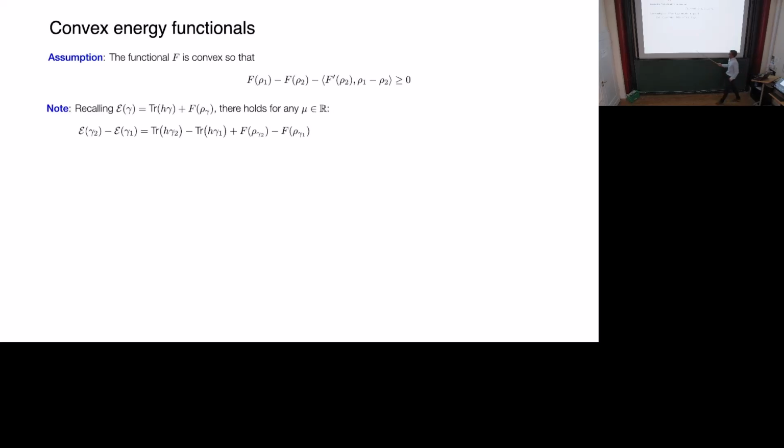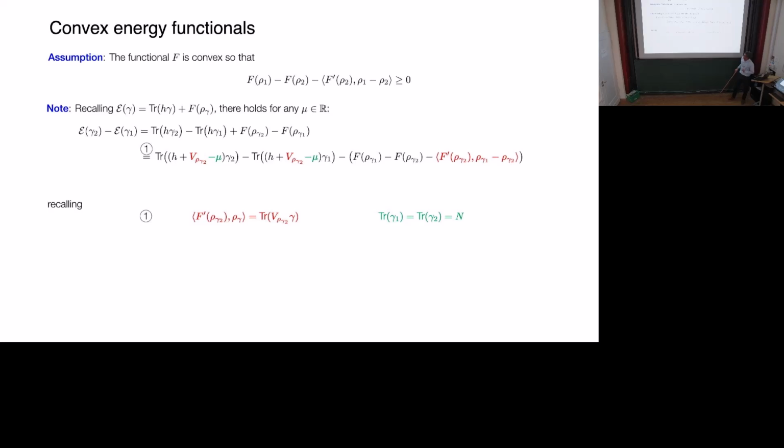Now, I'm writing energy differences between two gammas, gamma 1 and gamma 2. I just write down the formula here for the energy. So in terms of a posteriori estimates, if you have to be awake 5 minutes during this talk, it is now. Okay? There's the beef. So this is energy 2, energy 1 is this and this. Then use two ingredients.